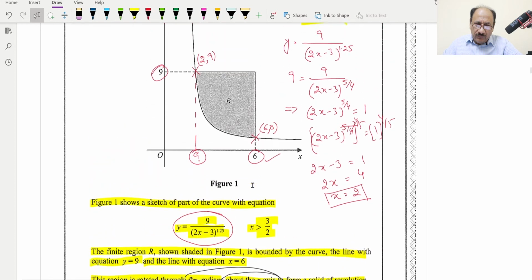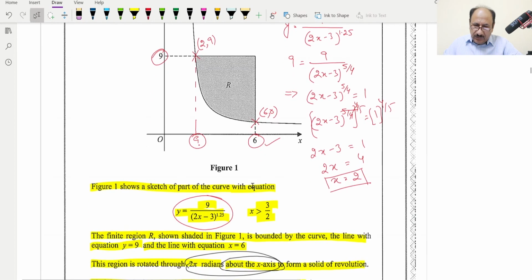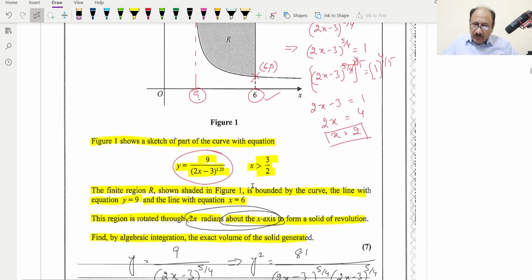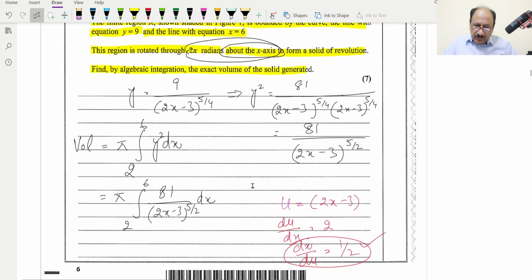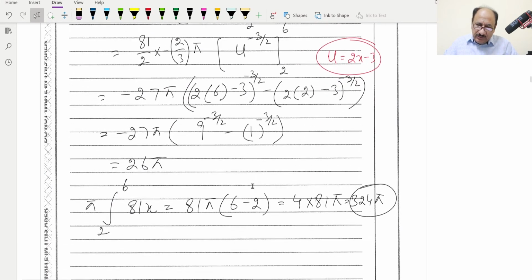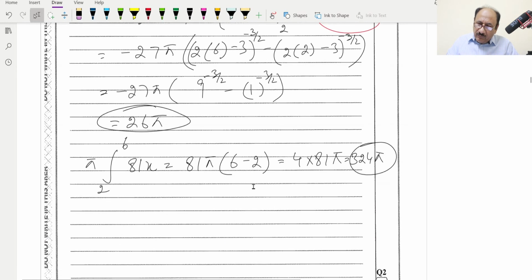So from this one, basically we have integrated this, and we got this total area, from which we will be subtracting the area which we have found over here, which is 26 pi. This area we will be subtracting from this one, and we will get the shaded area.